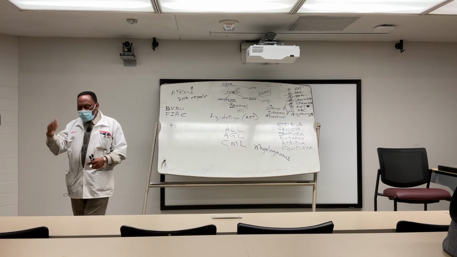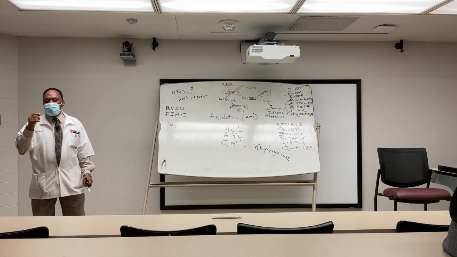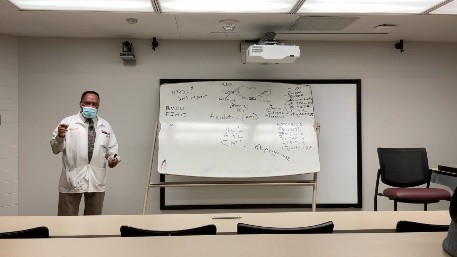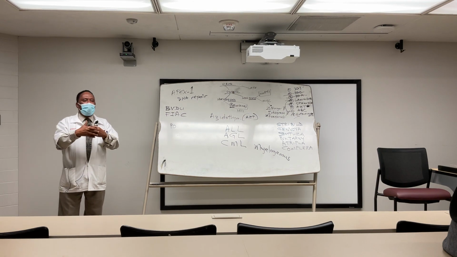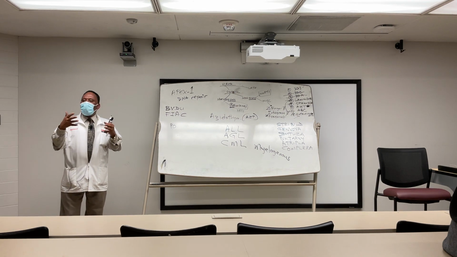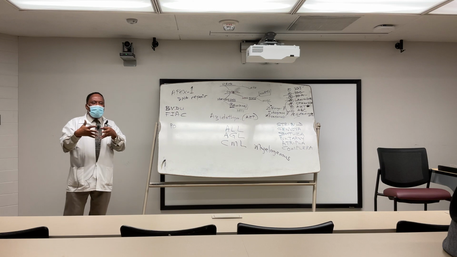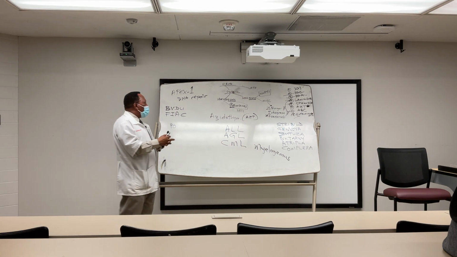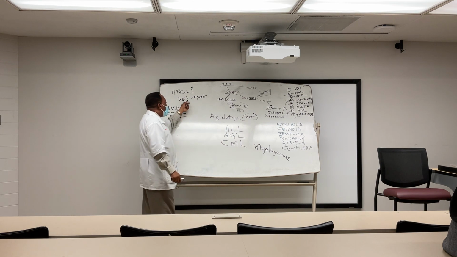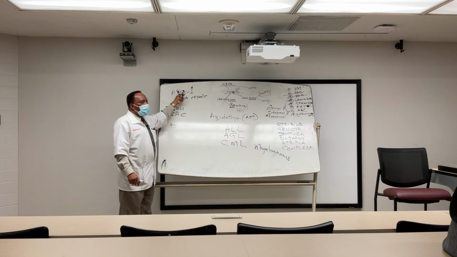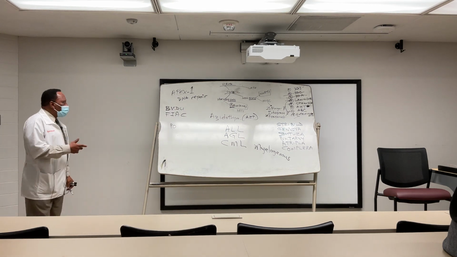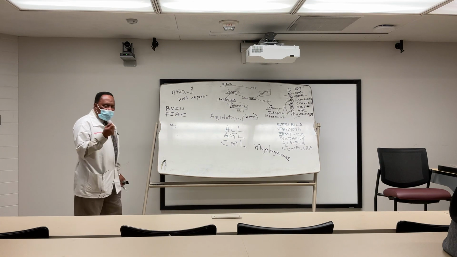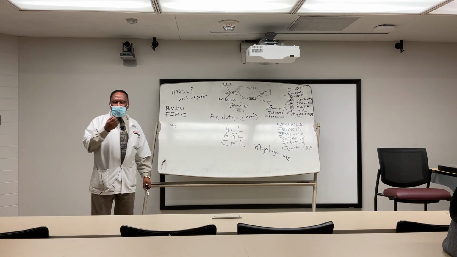Because we're constantly having damage to our DNA. But when the DNA is damaged, we also have enzymes that are involved in repairing the DNA. One of those is the enzyme FX1, and that facilitates DNA repair.